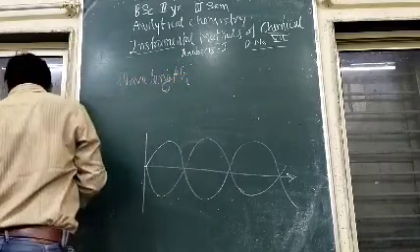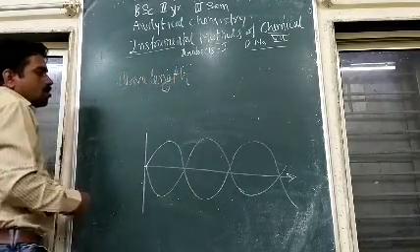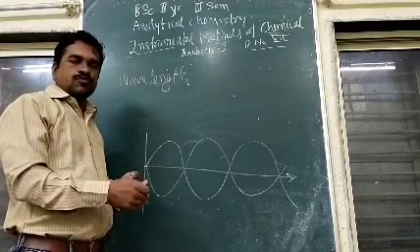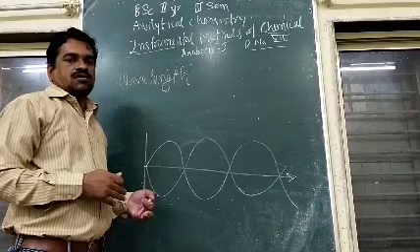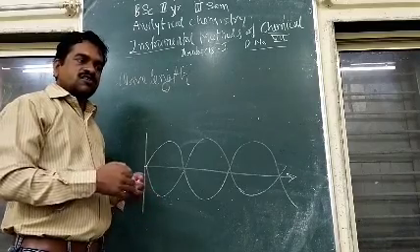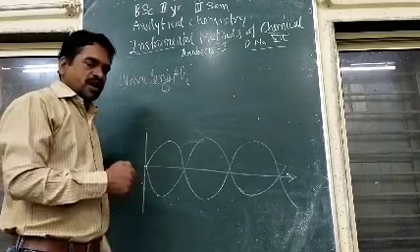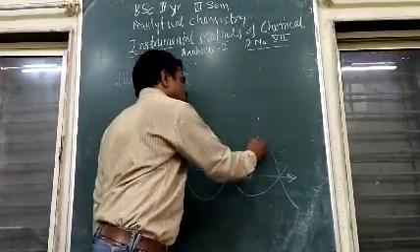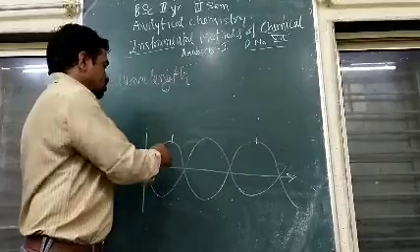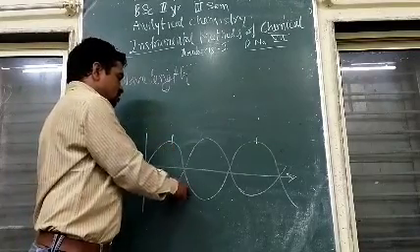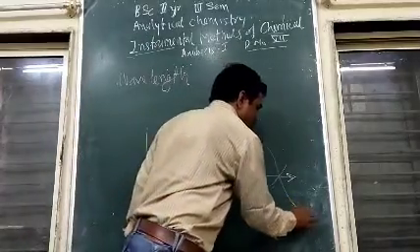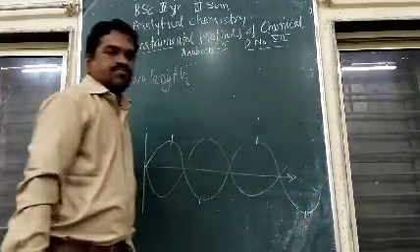Now what is wavelength? Wavelength is the distance between two successive maxima or minima. Suppose this is the maxima of this wave, this is the second maxima. We may call them crest and trough. This is the minima for this wave, and again this is a minima.